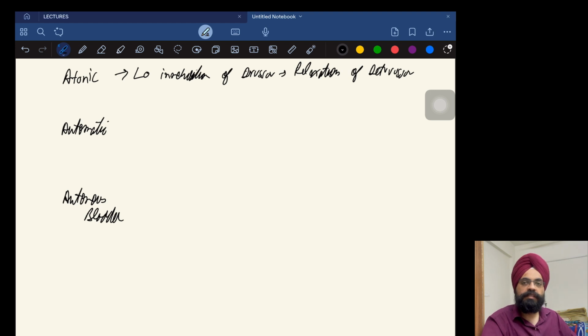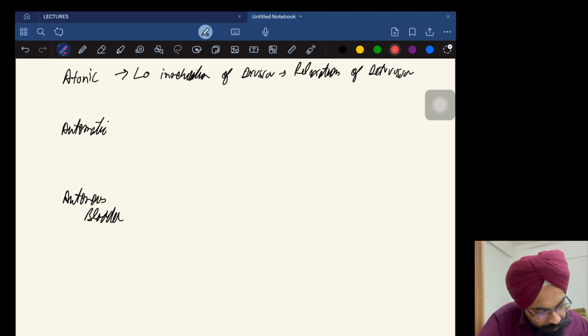So in atonic, what happens is detrusor is relaxed. Urine keeps on filling up in the bladder, and with time dribbling urination starts. And if you press the lower abdomen of the patient with such a condition, micturition will occur.